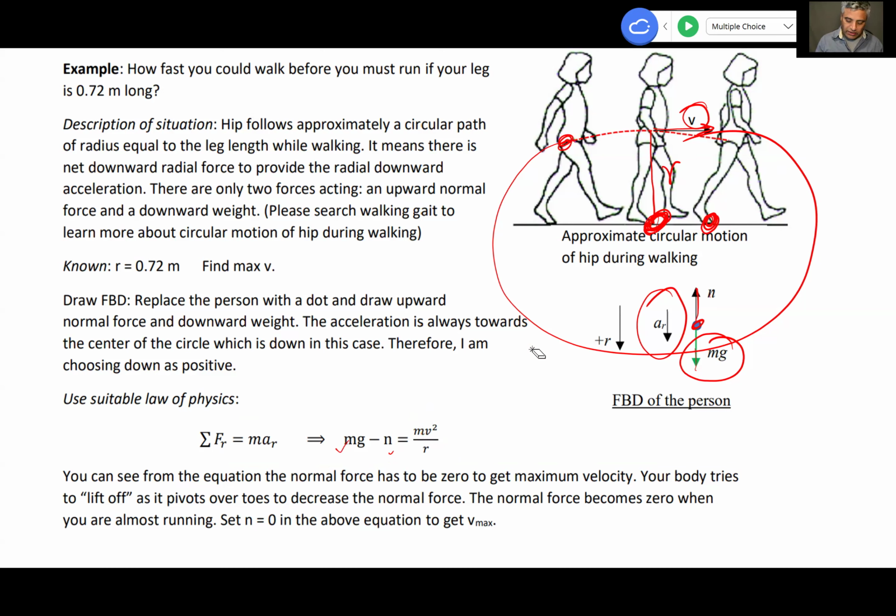I have solved this one, and with N equal to 0, v is just the square root of R g, where R is the length of your leg. So multiply by the length of your leg, measured from the hip joint, and then go for a walk. Estimate that value, go for a walk, and walk as fast as you can without running.